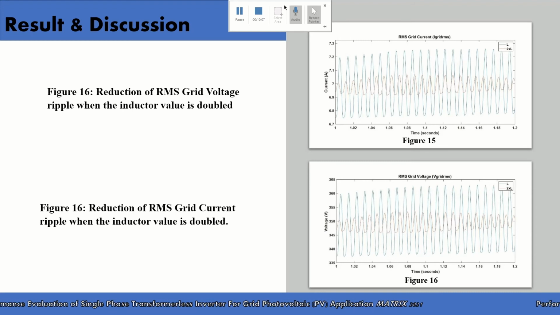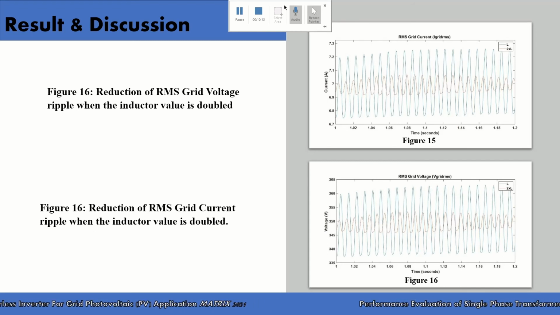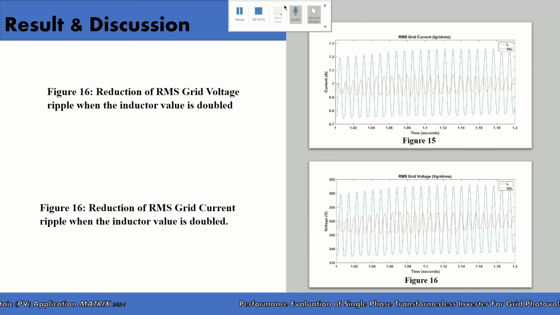So for the effect of the inductor filter on unipolar PWM, there is a significant increase of more than 1% efficiency when the inductor value is doubled from 4 millihenry to 8 millihenry, and the leakage current is also significantly reduced by half.